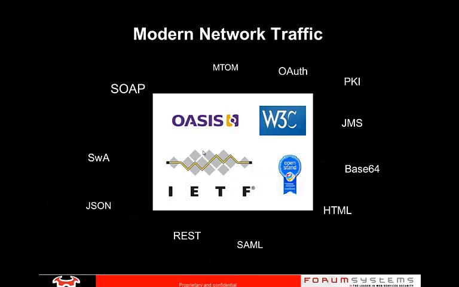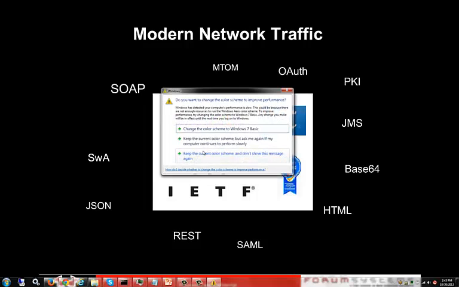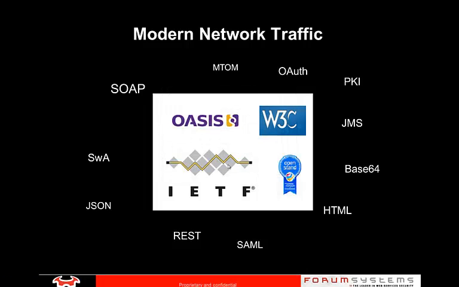Today in the modern network, the traffic is primarily comprised of standards-based formats that have evolved from the likes of OASIS and W3C and IETF and open standards. And these data formats effectively are structural known data formats that in effect provide the framework of most of today's modern day technologies.